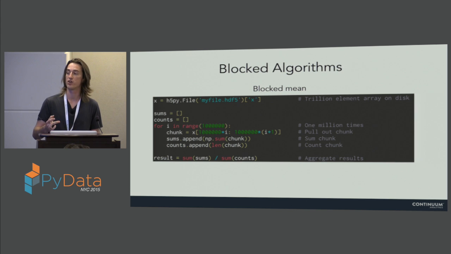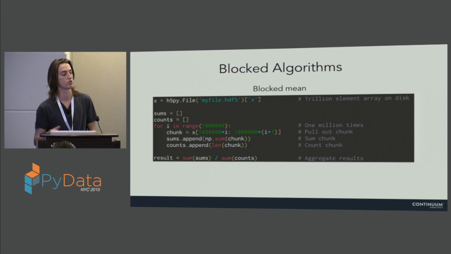We store all the sums of each block, and all the counts of each block. At the very end, we sum all the sums together, sum all the counts together, and divide. So this is a map of some operation across all the chunks, and then some kind of reduction at the end.